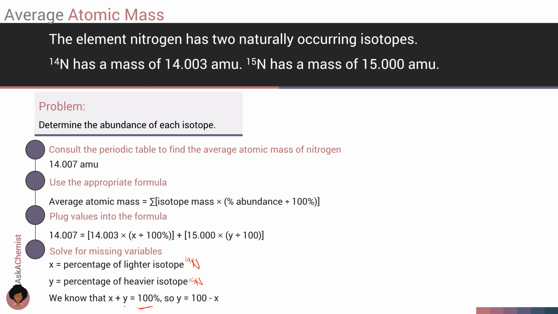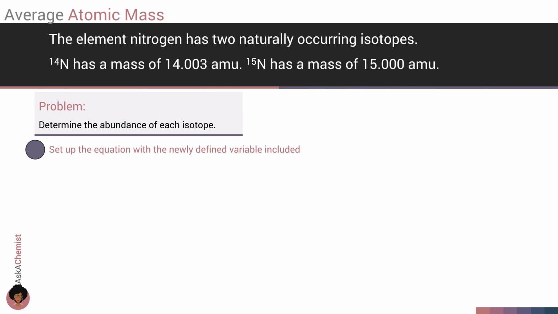So if that's the case, we can actually rearrange this equation down here on the bottom and set Y equal to 100 minus X. So once we do that, we now have to set up the equation with that newly defined variable included. So let's go ahead and do that. You can do this on your own sheet of paper.